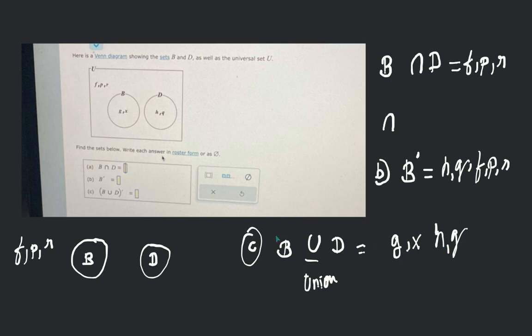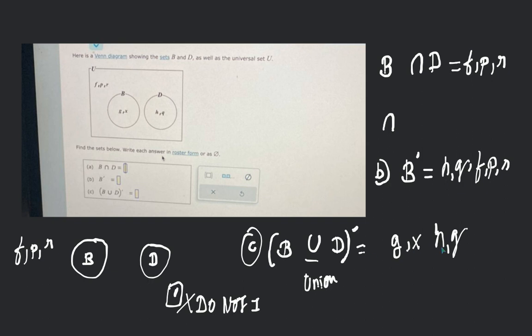But after this, they have a bracket, and after the bracket they have this small dash again. This small dash basically means do not include.